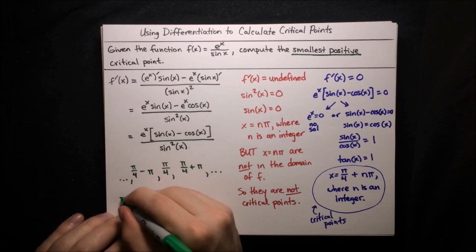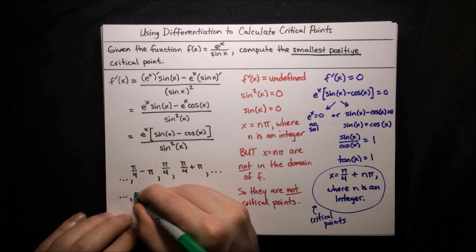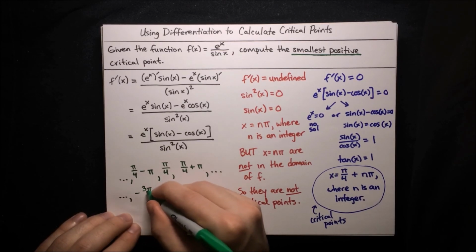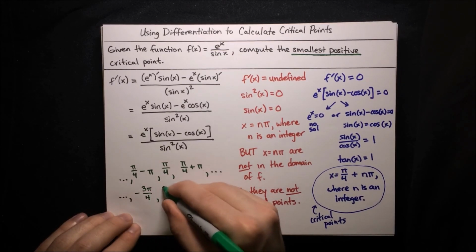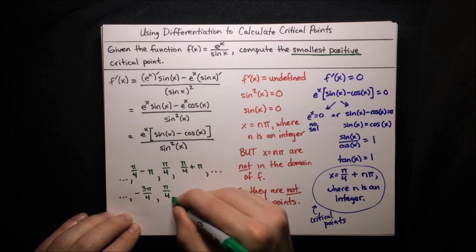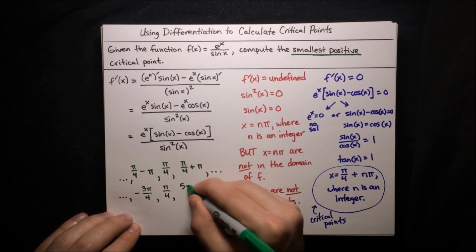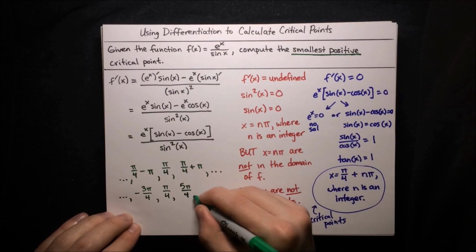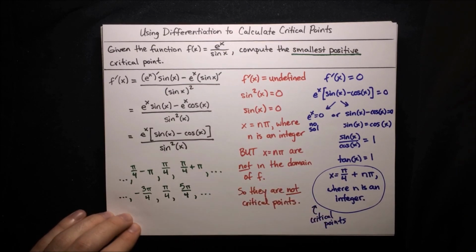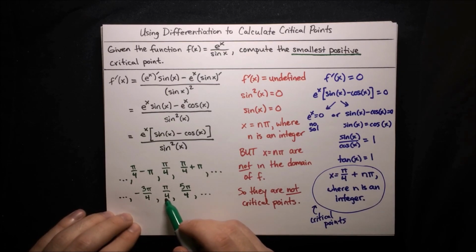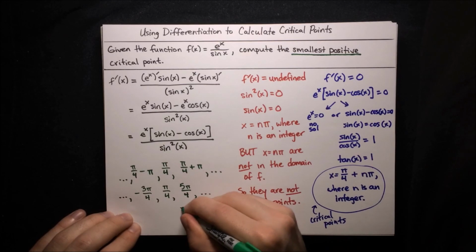Now, pi over 4 minus pi, that's equal to negative 3 pi over 4. And then we've got pi over 4, and then we've got positive 5 pi over 4. That's what pi over 4 plus pi is equal to. So all the critical points to the left of pi over 4 are negative, and that means pi over 4 is the smallest positive critical point. So that's our final answer.